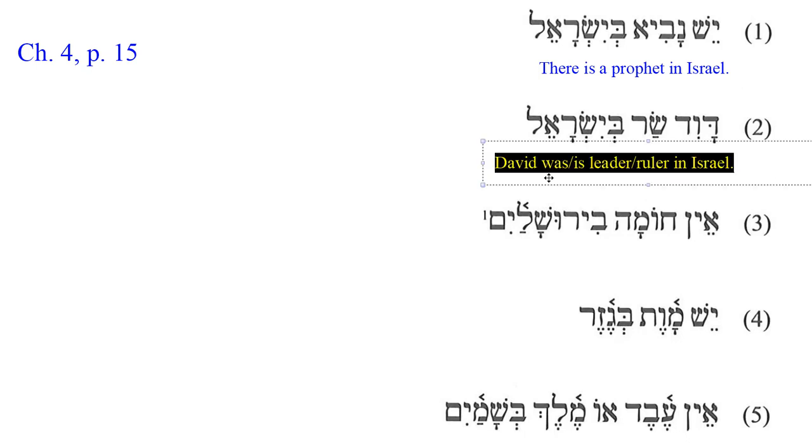It's not in the sentence, but we're supplying it. There is no definite article, and Hebrew does not have an indefinite article. So we could say David was a leader in Israel, or if he's the only one, David was ruler in Israel, or perhaps over Israel.